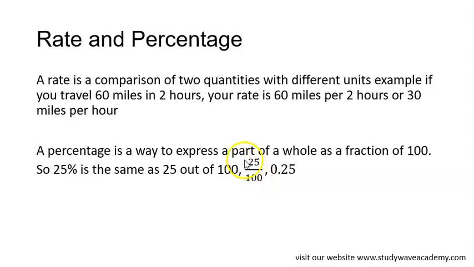You put the point sign and add a 0 in front. So we have 0.25. This is how to convert from percentage to decimal, okay? We're going to be looking at that. So a percentage is a way of expressing a fraction out of 100, okay?